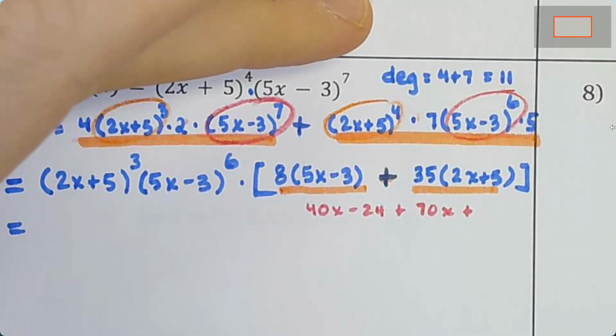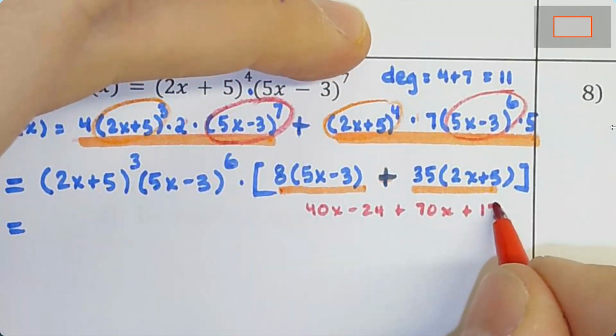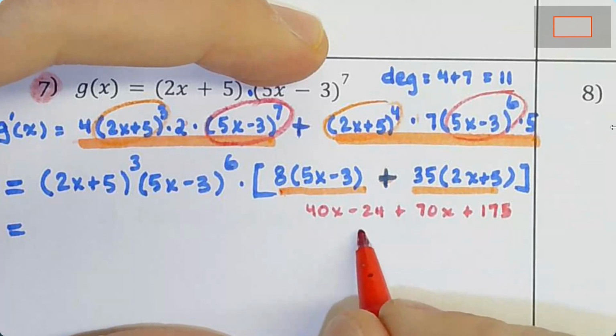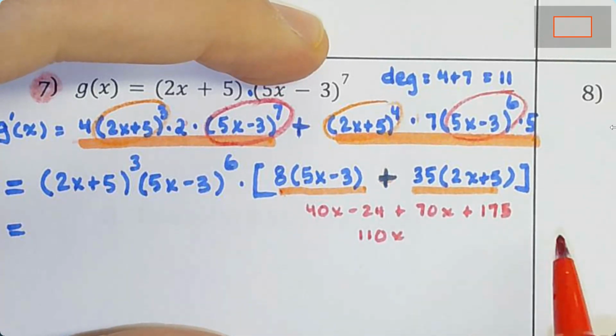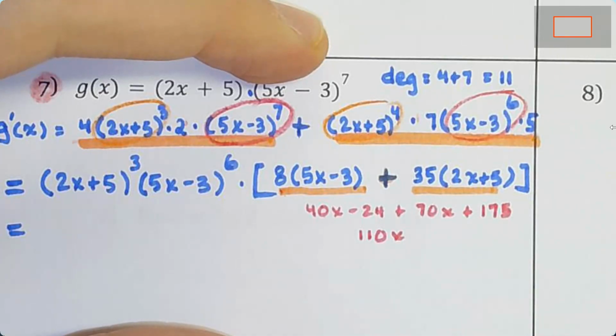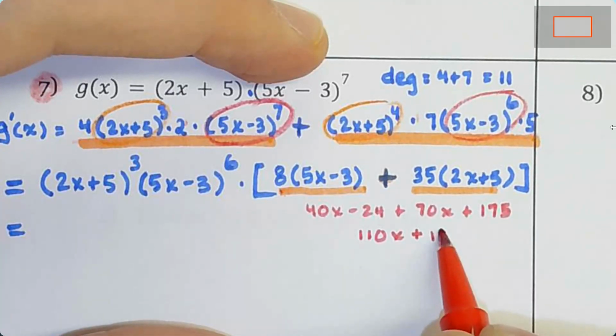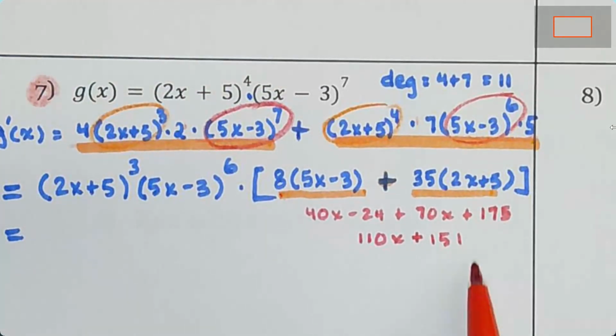Did I do that correctly? We'll go with that. Okay, so that's going to be 40 and 70 is 110 x's, and then 175 take away 24 would be, what, 150, 140, 151. Did I do that correctly?